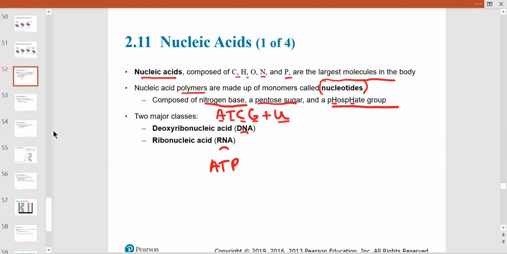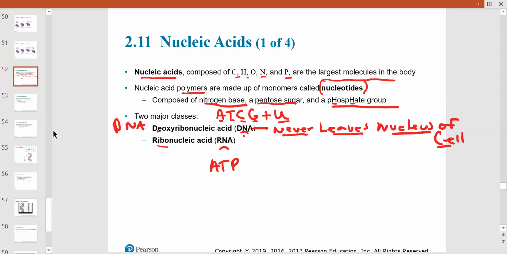Okay, so deoxyribonucleic acid and ribonucleic acid, DNA and RNA. Remember this, DNA never leaves the nucleus of a cell. Never leaves, stays in the nucleus, DNA.